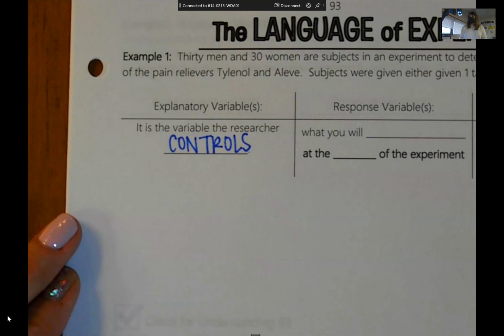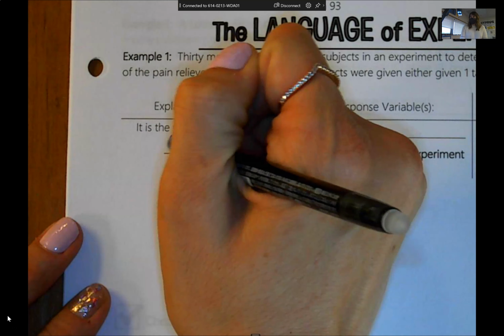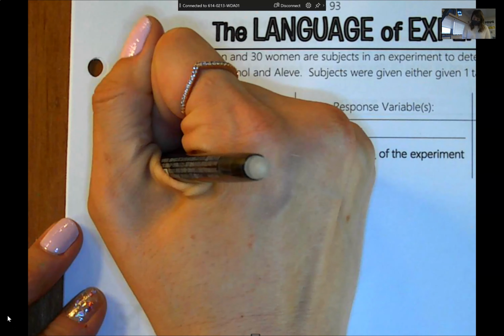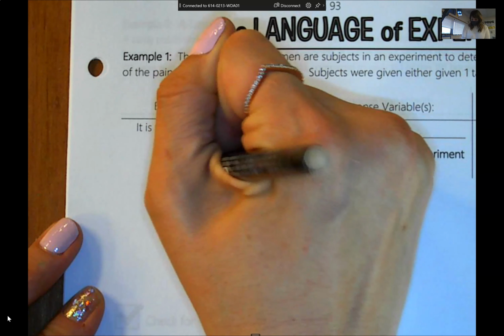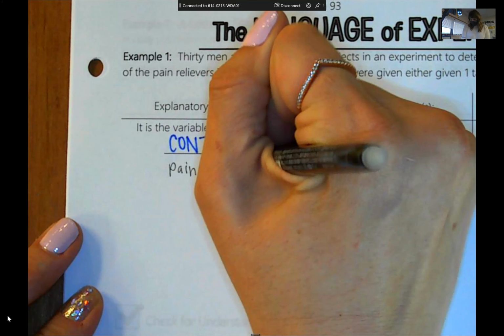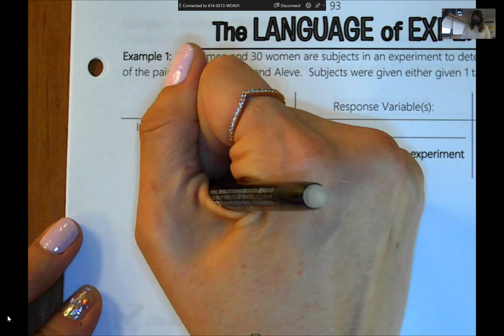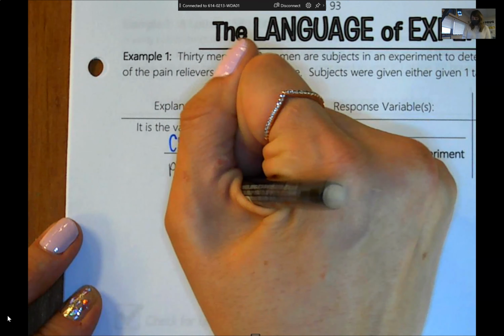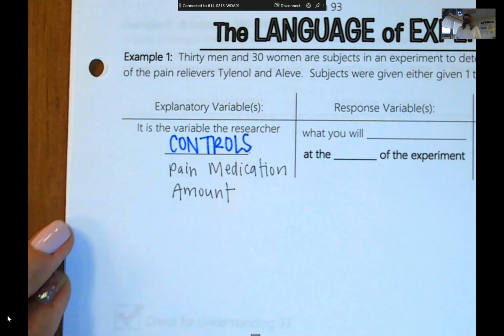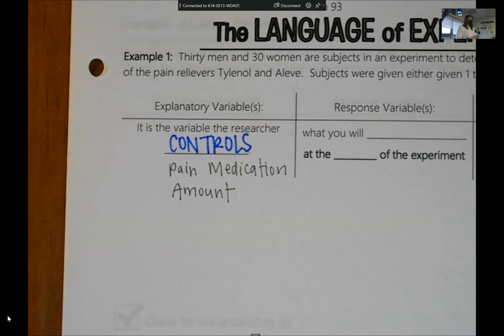They are controlling the type of pain medication, but they are also controlling the amount of that medication. So there are 2 explanatory factors here: which pain medication they get and how much of that medication they get. Researchers are controlling those 2 things.